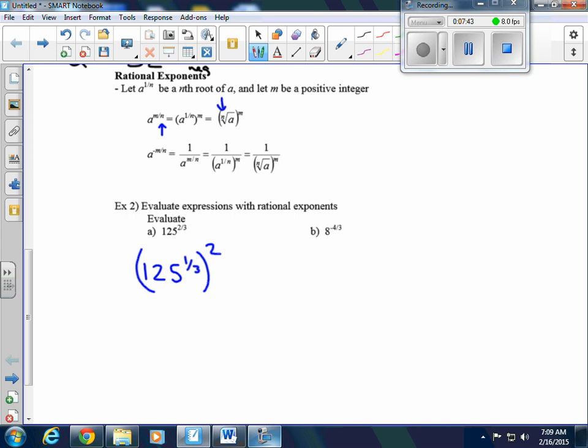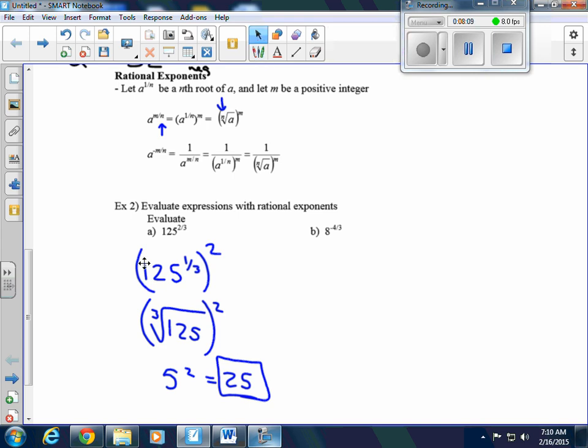Well, that's really the third root of 125 squared. And the third root of 125 is 5, because 5 times 5 times 5 is 125. And so we have 5 squared, which now equals 25.